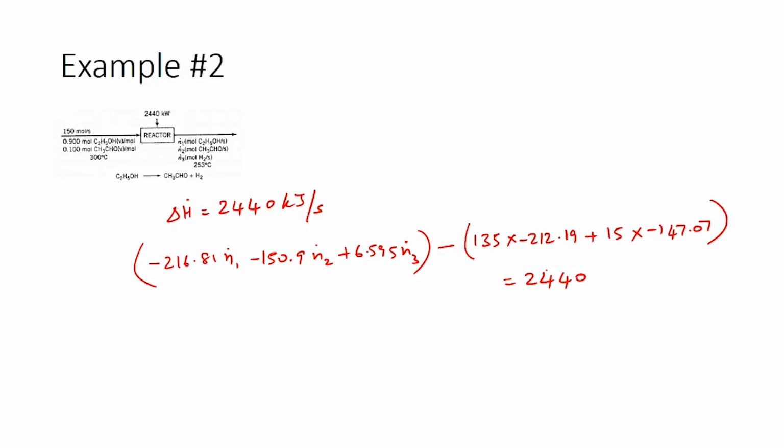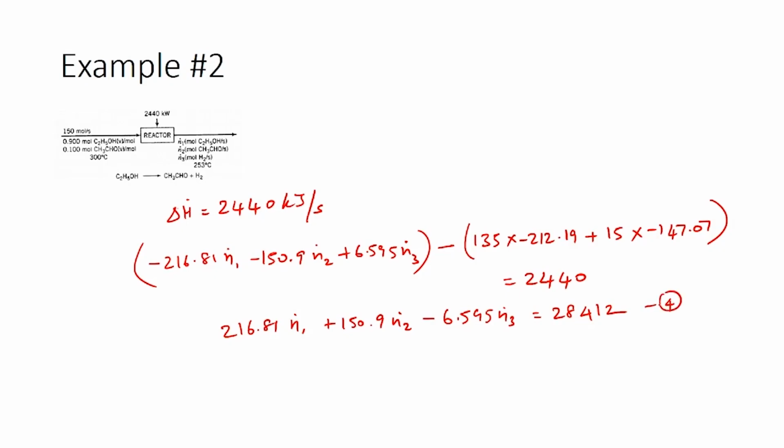So, you can simplify this equation and you will finally end up with 216.81 N1 dot plus 150.9 N2 dot minus 6.595 N3 dot, which would be equal to 28,412. So, this can be used as equation 4.